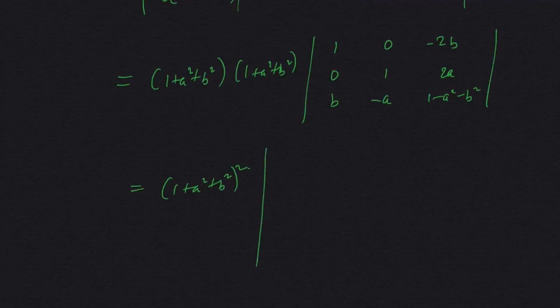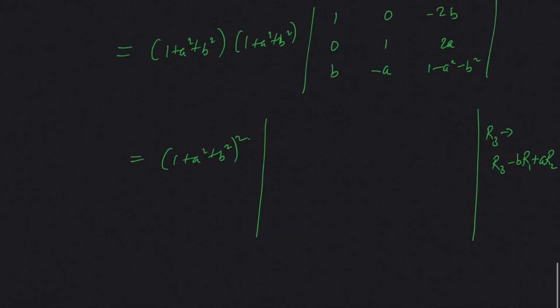Now again, here I will apply the operation r3 as r3 minus b times of r1 plus a times r2. Sorry, I will just write it below here so that we can do the rough calculations also.